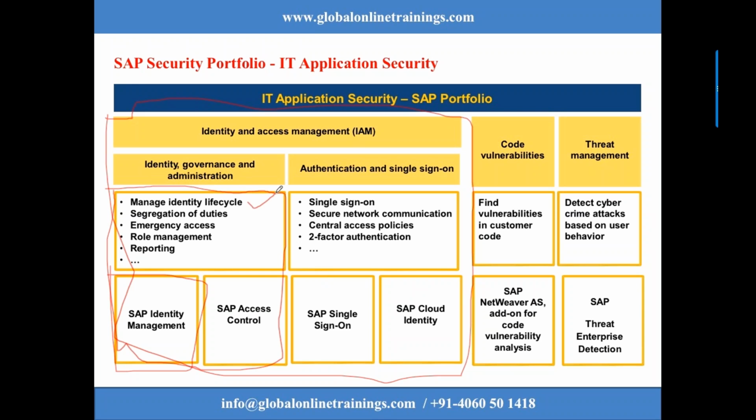I'm not sure about you guys. Traditionally, back in the day when I was working at one of the companies 10 years ago, they were still manually setting up users in SU01, right? So if a user wants access in ECC, you go to SU01, create, assign all the access, save.